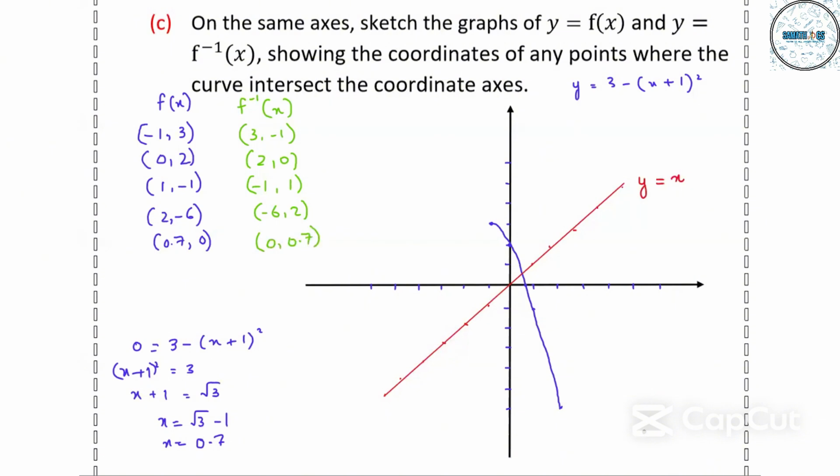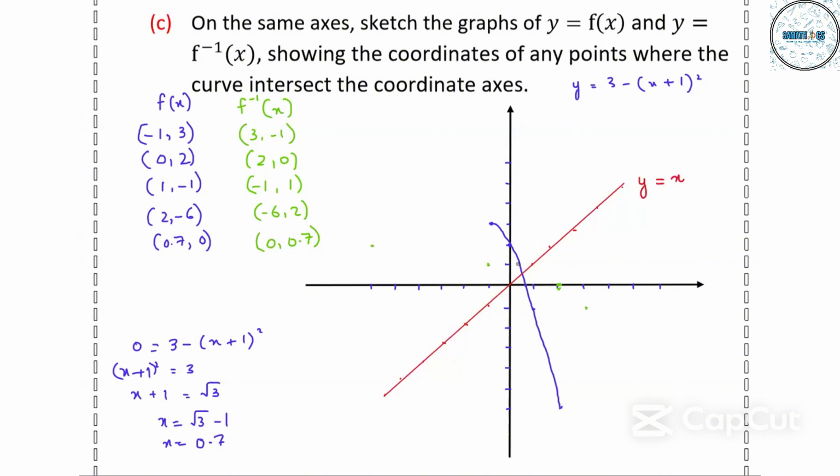Now we will mark these points. Then 2, 0 is here. Then -1, 1 is over here. Then -6, 2 is almost here.